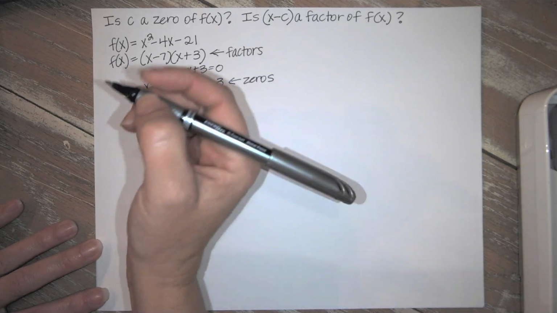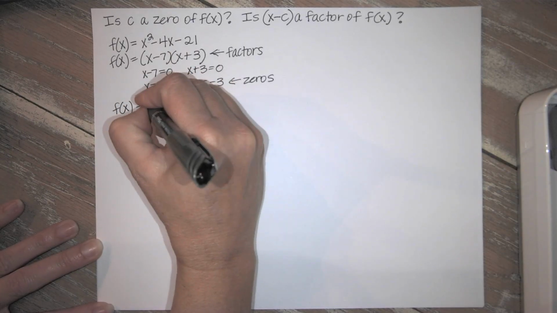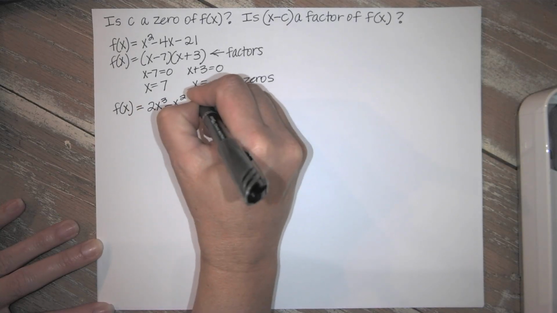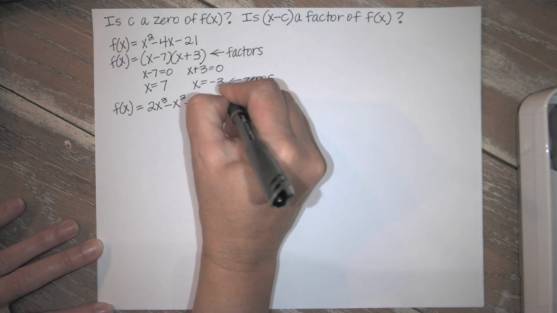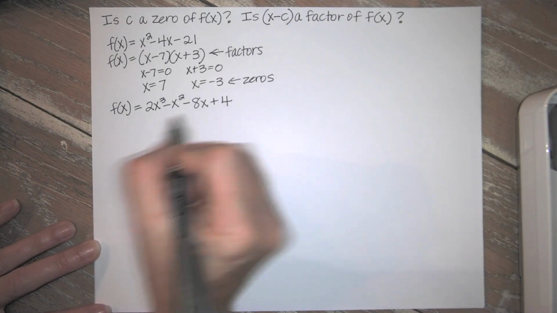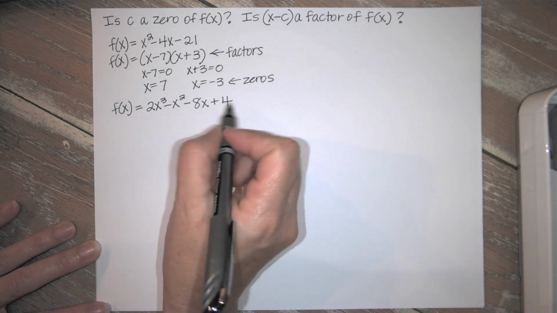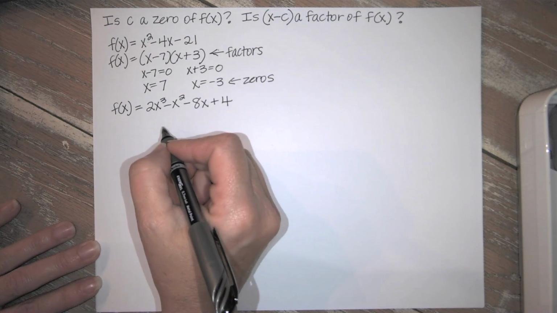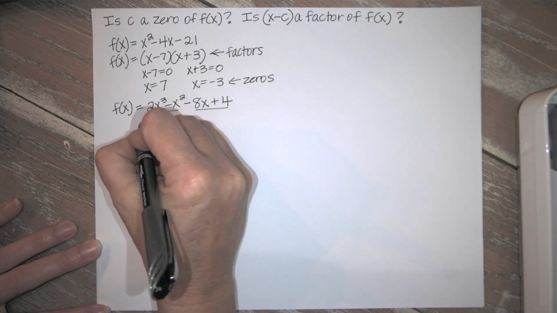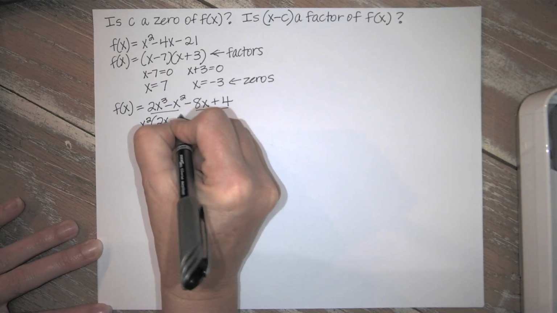Now, we might also have a cubic function that would factor as well. So we could find the zeros and the factors for this function. You see here we've got 4 terms, and when we learned our factoring methods, we learned that when we have 4 terms, we can try factoring by grouping. So I'm going to try that here, and I see that in my first group I can factor out an x squared, which is going to leave me with 2x minus 1.